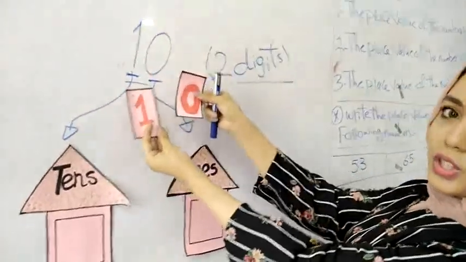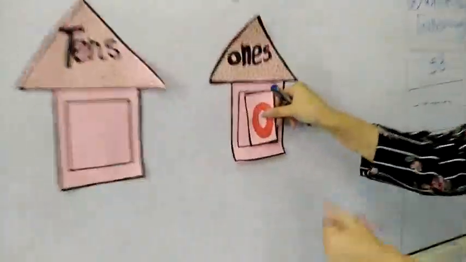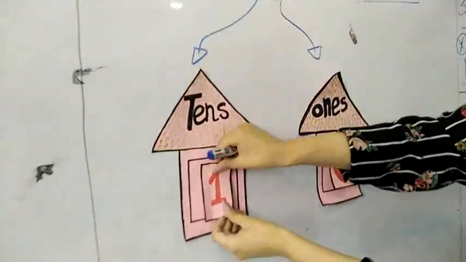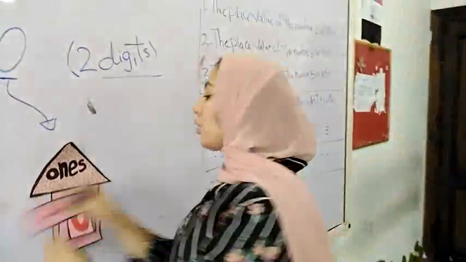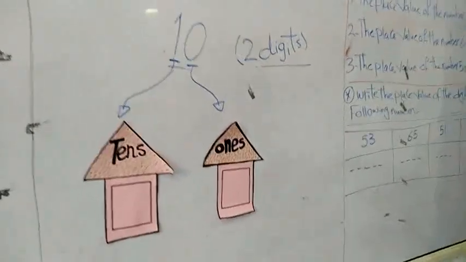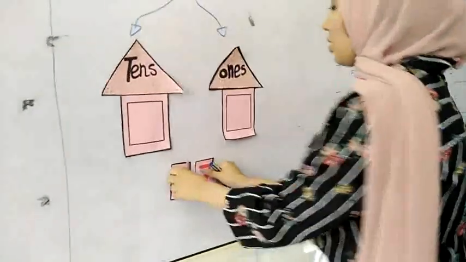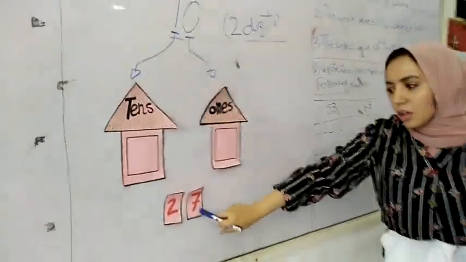So 0 will stay in which place? In ones place. And what about 1? We will put it in tens place. Okay, if we have another number like 27.